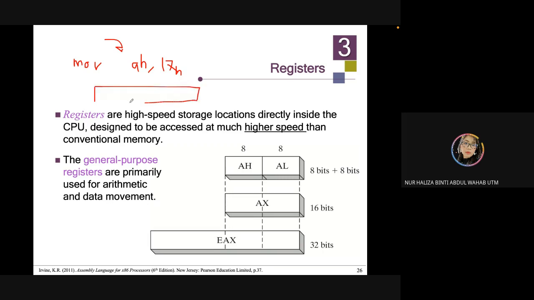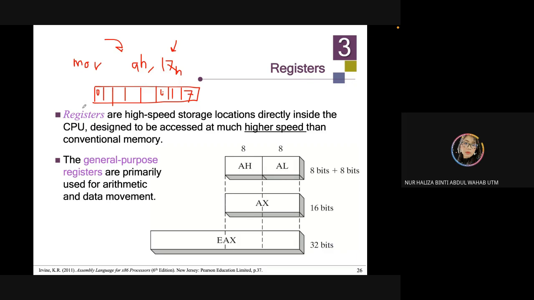AH is 8 bits, so I know that it will be 1, 2, 3, 4, 5, 6, 7, 8. All together is 8. So this is the space, and I'm going to put my 1 and 7 here and the rest will be 0.